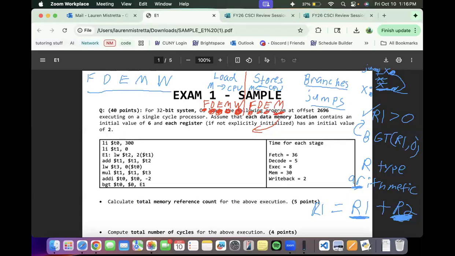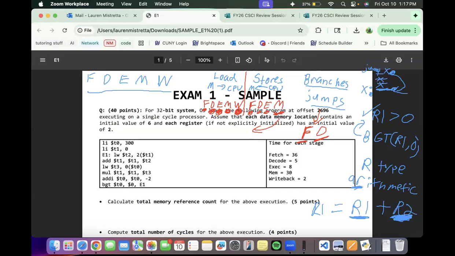Next, when we have branches and jumps, jumps are super easy because I'm only going through 2 states. I'm going to be doing a fetch and a decode for a jump. The reason for this is I fetch the instruction, I decode and I see it's a jump, and then I do the jump. So that's literally it. There's nothing to exec here because I'm not doing any arithmetic.